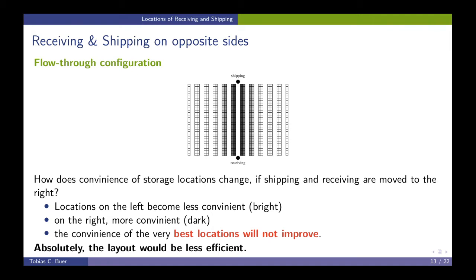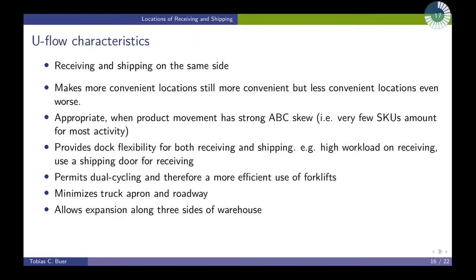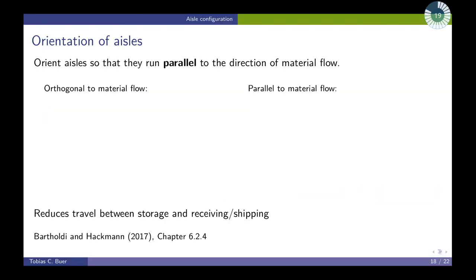And this would disrupt the flow of the product a lot in the warehouse. So this orthogonal orientation, where the receiving is on the left and the shipping is on the right, with the aisles unchanged, would just disturb the flow of products a lot. A parallel orientation is already a good start.